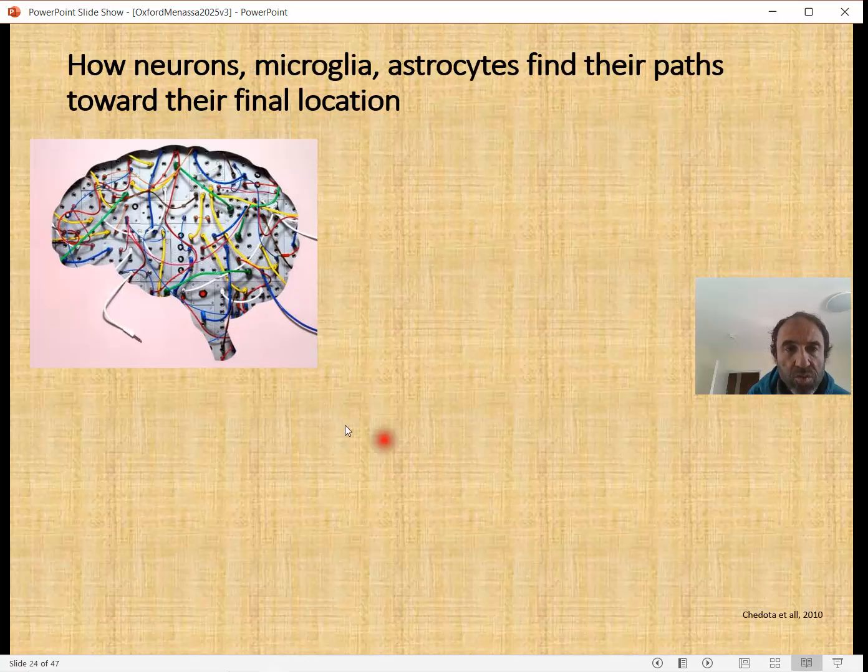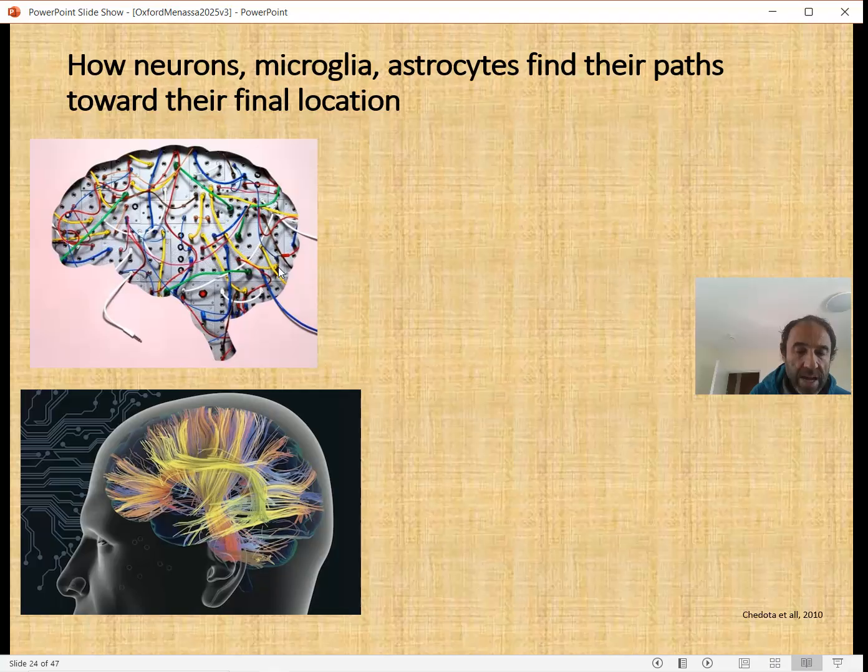So now I would like to move on to a subject which is not exactly the one I discussed, but I think it's quite relevant because we could use the modeling that we have been developing over the years about trying to understand how the brain is wired for long range, between long range regions.